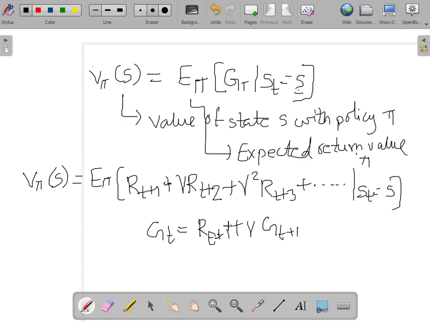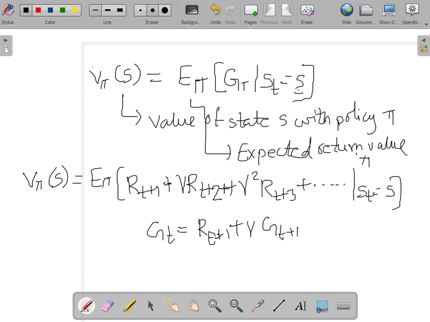So here in this equation, you can think of it this way: if I take this R of t plus 1 as a separate term, and take gamma as common from the remaining values, then R of t plus 2 plus gamma R of t plus 3 is what G of t plus 1 refers to.